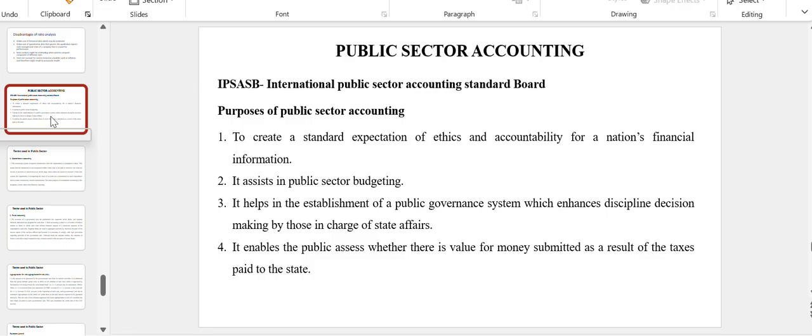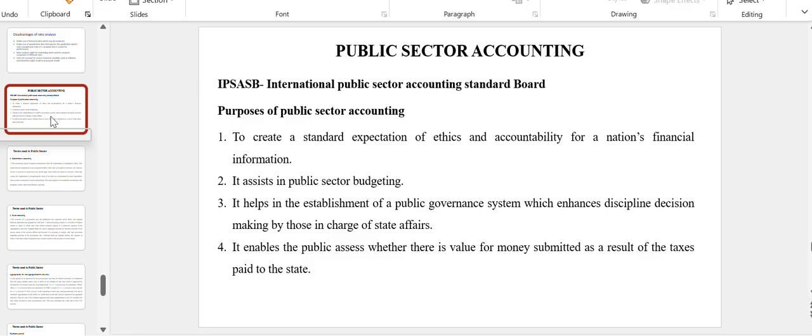Sometimes there might be issues to do with interpretation of an accounting standard, or an accounting standard having a lot of loopholes for people to misappropriate funds. So when they want to amend or improve an accounting standard, that is done by this board.